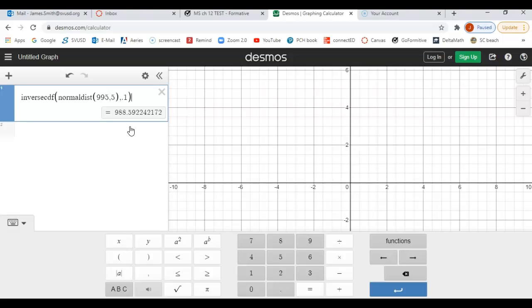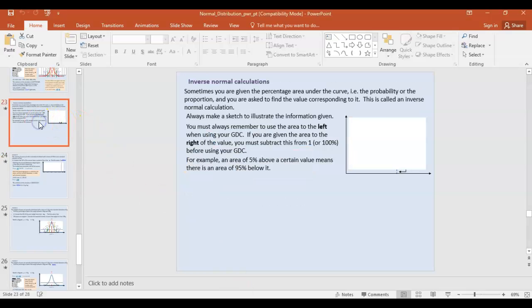So what if they give you the percent more than x? I think I had one on the previous slide, let me look at this one. They're talking about this one here, where they referred to the top 5%.